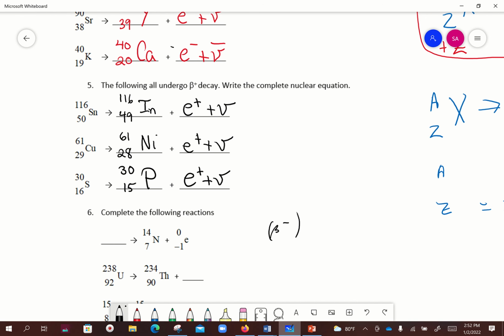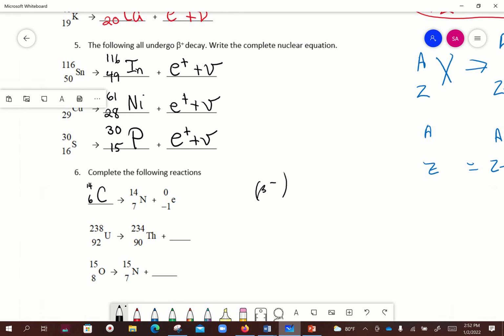So on the right side, I've got 14 plus 0, so it's going to give me 14. On the right side, I've got 14 minus 1, so that gives me 6. And so all I have to do is look in the periodic table. What's the 6th element in the periodic table? And it's carbon. All right, so that finishes that equation. That was a beta minus decay.